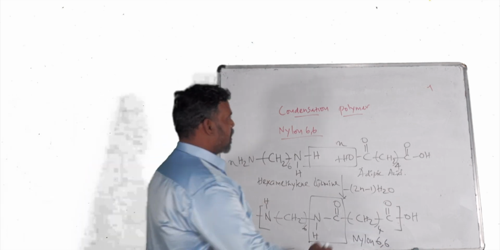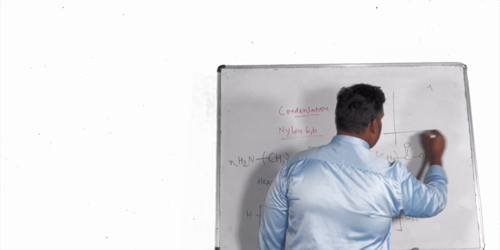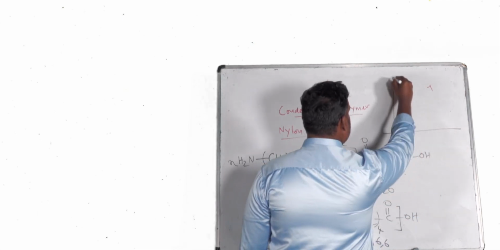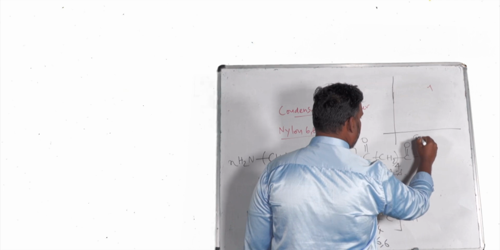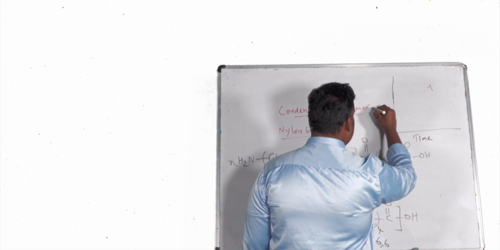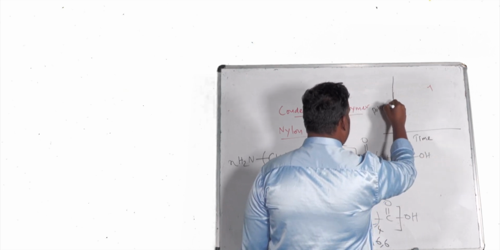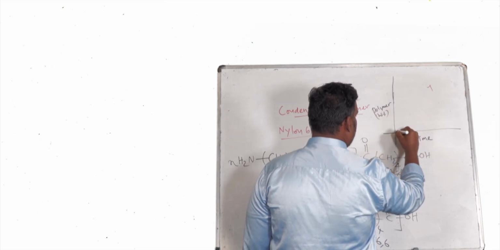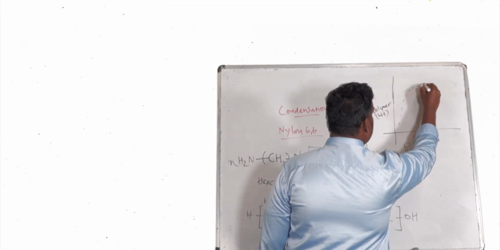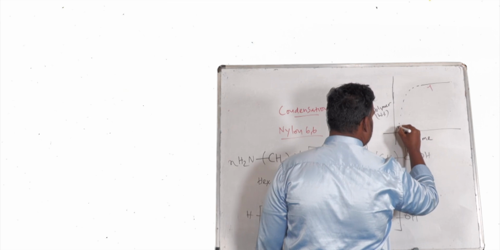So let's compare the kinetics of condensation polymerization and free radical polymerization. Let's plot time, and this is the amount of polymer formed, let's say as a percentage weight fraction. In the case of free radical polymerization, this is how it grows.